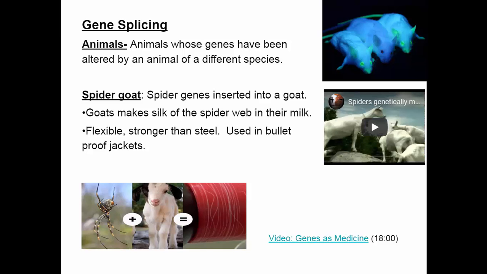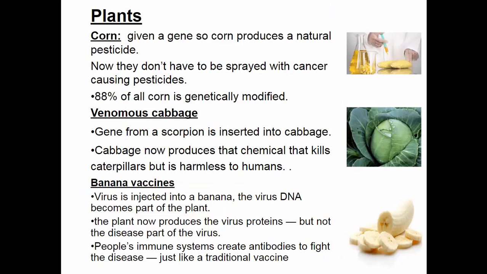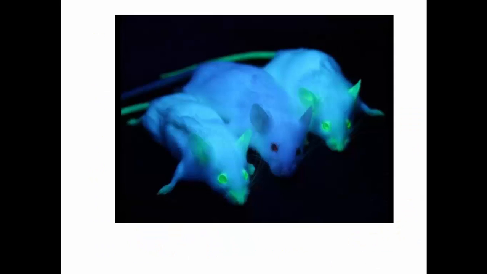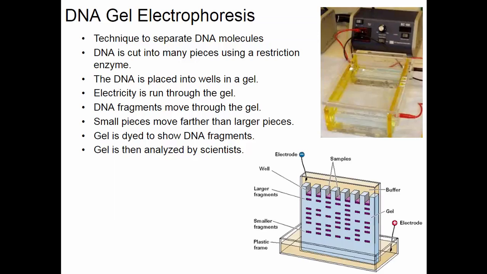Goats that produce medicine in their milk. Corn that produces pesticides in its leaves so that insects don't feed upon it. Bananas that have vaccine in them. So there are lots of instances of ways that genetic engineering can be used.